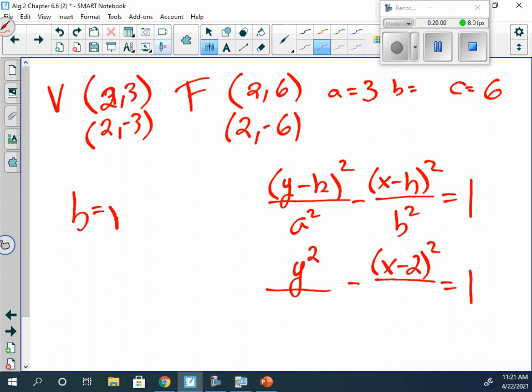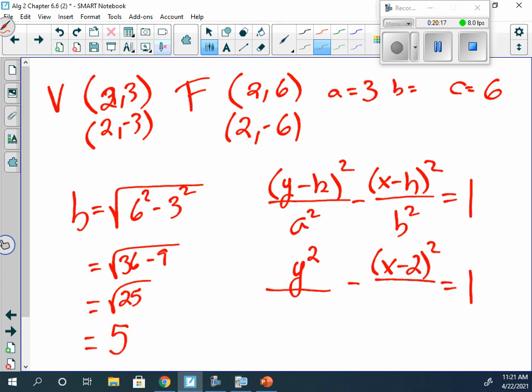So b, the only other value we don't know, we're going to be taking 6 squared minus 3 squared. We can just do 6 minus 3, right? Value b is 5.